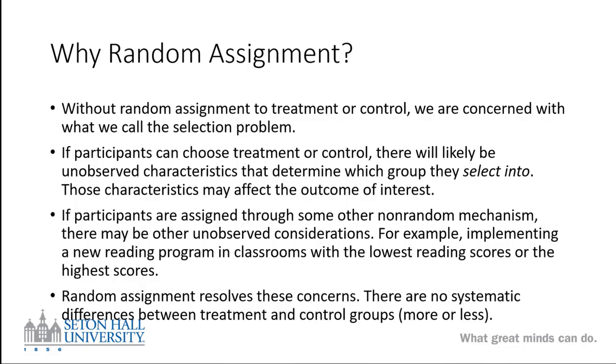One, we have to take volunteers for an RCT. You can't coerce people to participate in an RCT, right? And so you've already got that one pre-existing characteristic that you can generalize out to the population of people who would have volunteered to participate in an RCT for whatever reason, right? So they have these generalizability concerns.